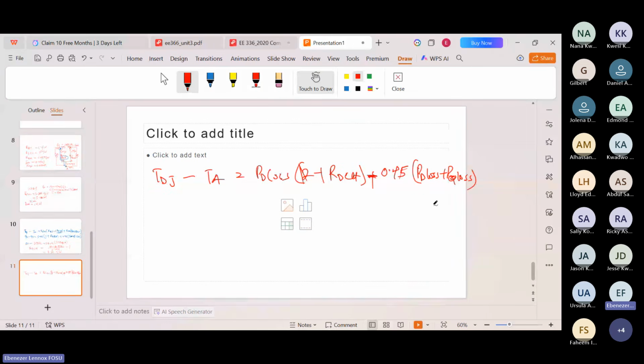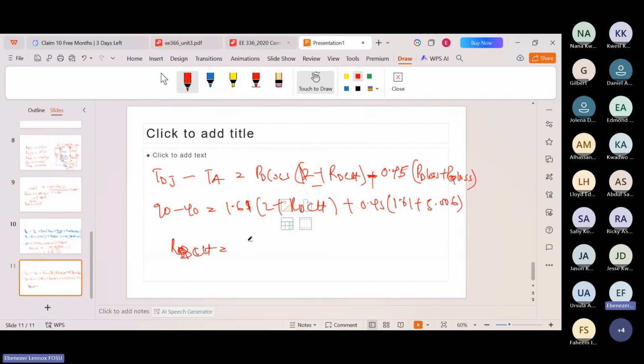You substitute in the values and make this the subject, right? So you have 90 minus 40 to be equal to 1.65, 61, 2 plus RDCH plus 0.45 times 1.61 plus 5.006. When you do the simplification, sorry, this should be RDCH.